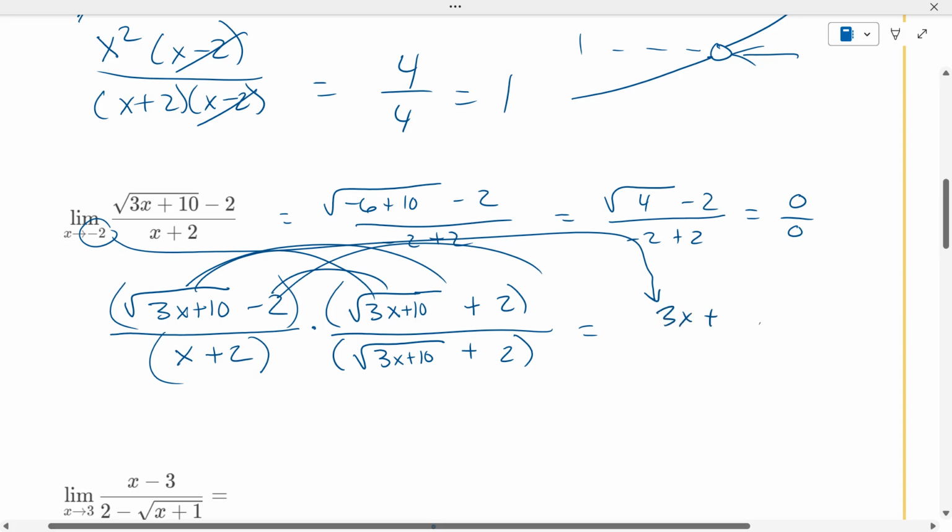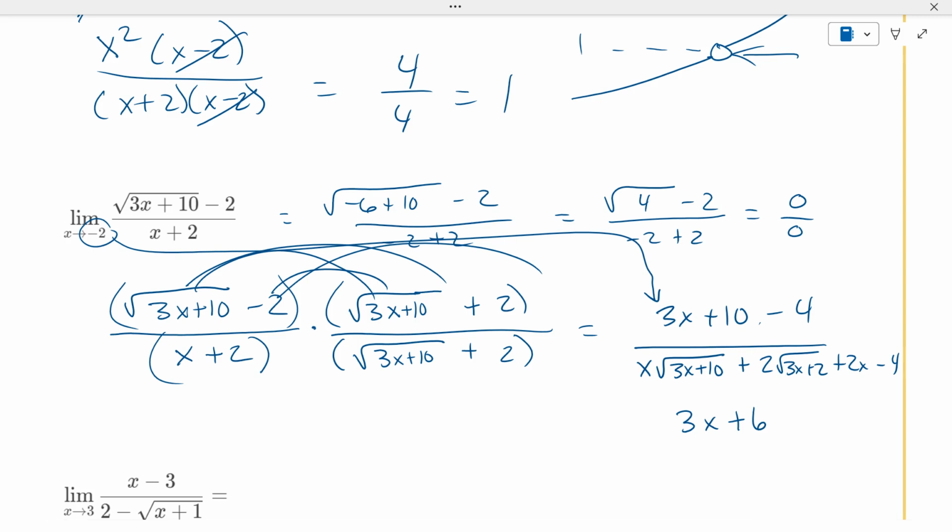So 3x plus 10 minus 4 over, if we FOILed this, it's x times the square root of 3x plus 10 plus 2 times the square root of 3x plus 10 plus 2x plus 4. Because the numerator here is 3x plus 6. What is going on? There's something I'm missing. What am I doing wrong?